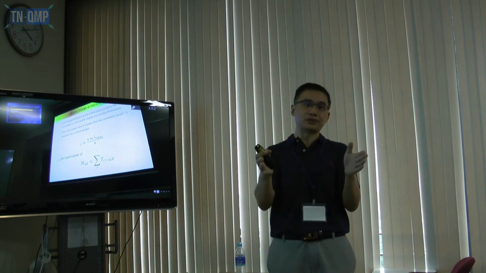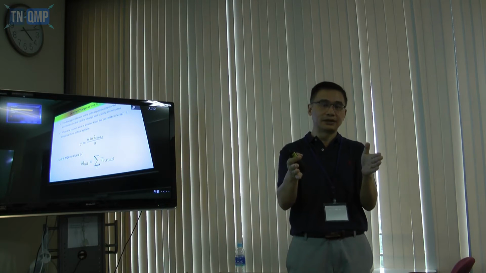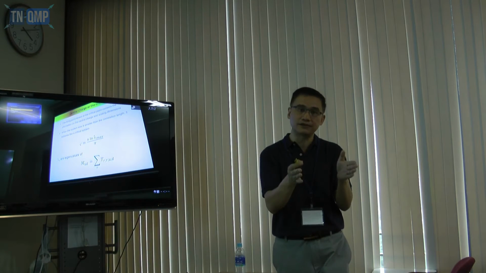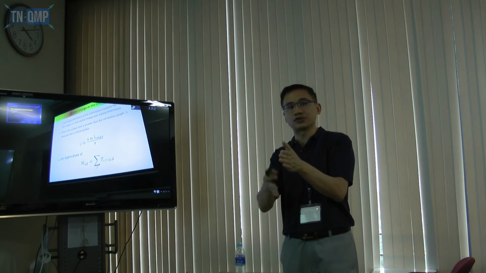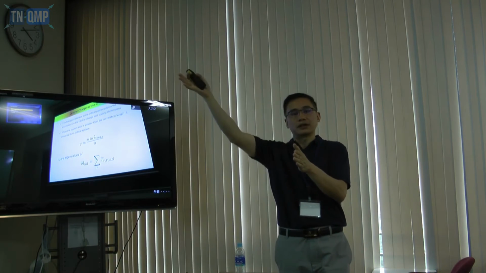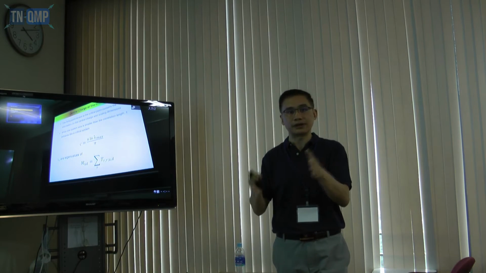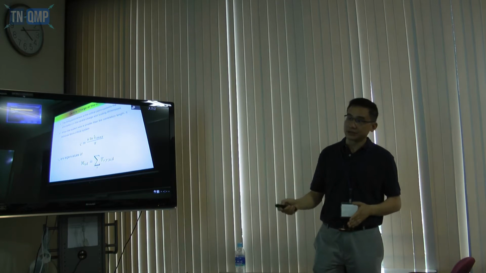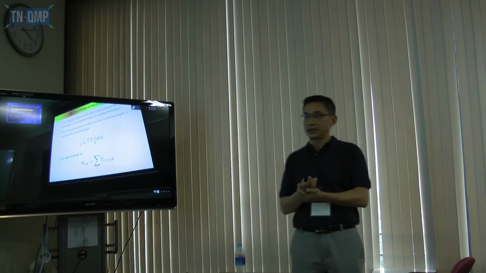So the system is still critical. Although, of course, if the system size is not enough, then it will not flow to either of the fixed points. So this is the reason we can read out some critical information from this calculation.